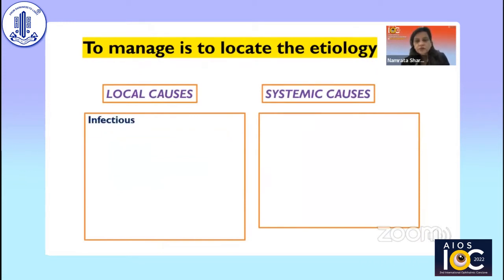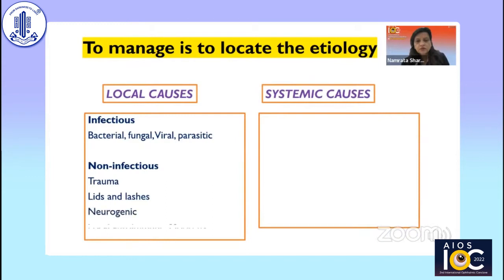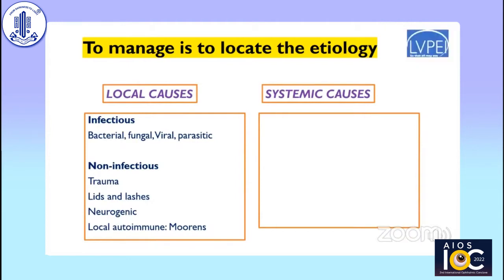Coming to the local causes, we can divide them as infectious causes, which include bacterial, fungal, viral, as well as parasitic, and non-infectious causes, which include post-trauma, problems located in the lids and lashes, neurogenic causes, and local autoimmune diseases such as Mooren's.